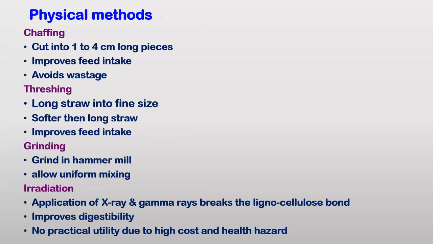Chopping will improve the feed intake, avoid wastage of the feed, increase the palatability of the feed, and reduce the time consumption during feeding. Once the time consumed in the chewing process is reduced, less energy will be used. So loss of energy will also be reduced by chopping.